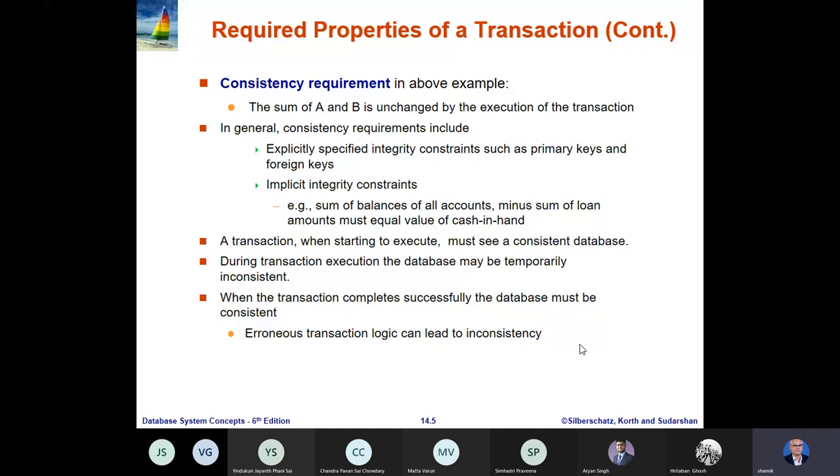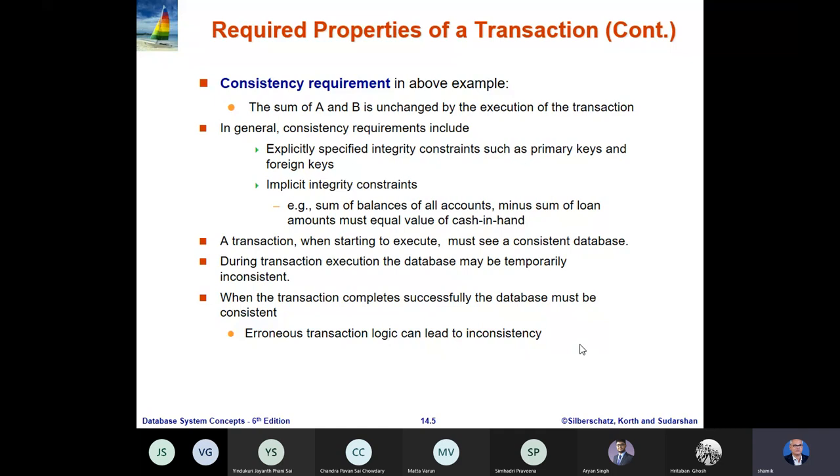So that is the whole point, that although the onus is on the programmer, the database provides certain facilities like primary key. You cannot enter the same roll number twice. So that is another example. You have a check constraint that these values can only be say spring, autumn, and summer, right? So these are the possible values for your semester.